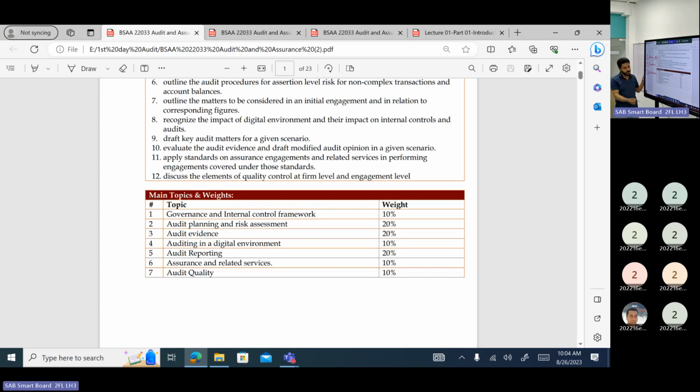So how are we going to categorize this? Here we have 7 topics. First one, governance and internal control framework. What is that? That's a bit of a different topic. Governance, good governance.